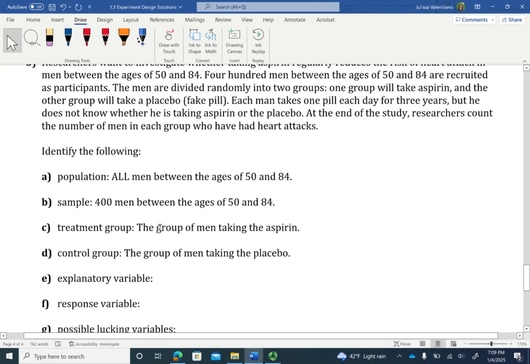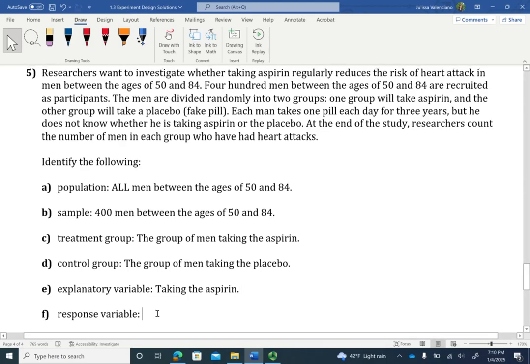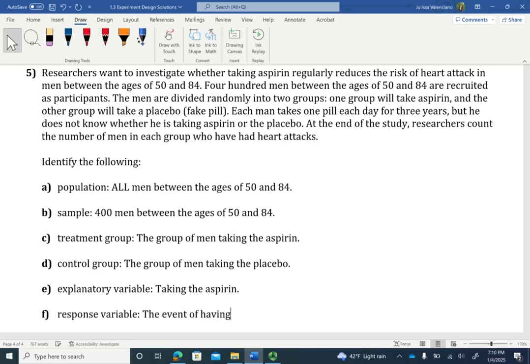Okay, so what would be the explanatory variable? The explanatory variable would be taking the aspirin. What is the response variable? The response variable is the event of having a heart attack. Okay, and so in this study, we're seeing if the explanatory variable, taking aspirin, has some effect on the response variable, which is the event of having a heart attack.